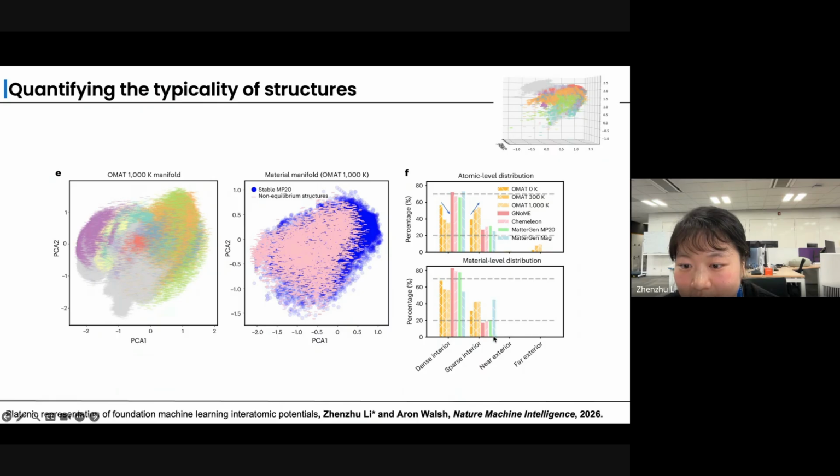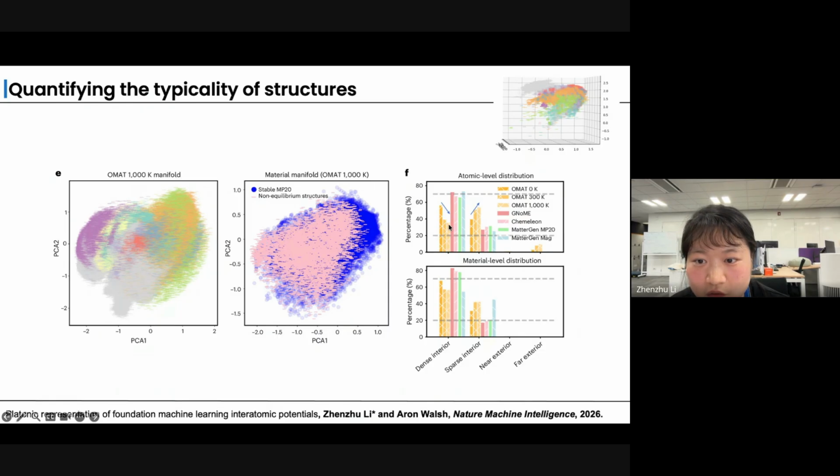And then our evaluation is very close to their own evaluation of the novelty of the generated structures, especially for this magnetic property conditioned generation. This is very close to MatterGen's evaluation. So this means we can use this manifold, or this Platonic representation, to check the novelty of the generated structures.